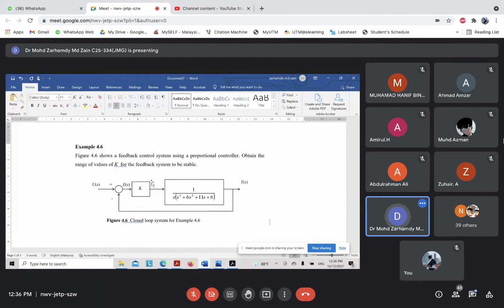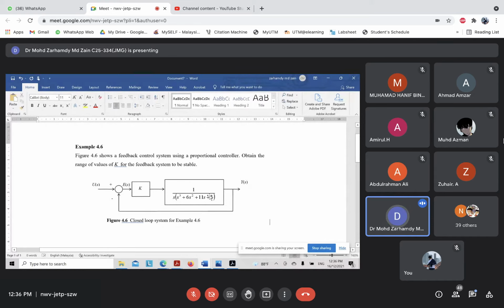For the real situation, we come up with this controller without any value. So we are looking for the range of this value to show that our system is still stable. That means we want to know the range of K. So now we are looking for the range of K if we want our system stable.